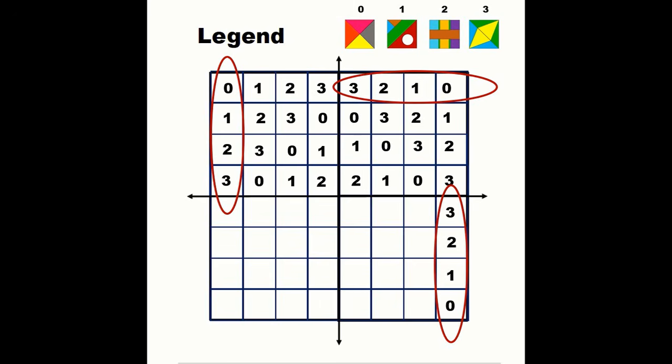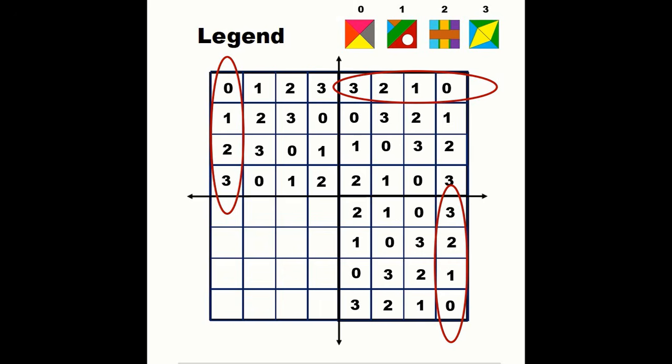And on the lower part, 0, 3, 2, 1. Then 1, 0, 3, and 2. And on the lowest part of the second quadrant, we have 2, 1, 0, and 3. You have to observe the rotation of the numbers.